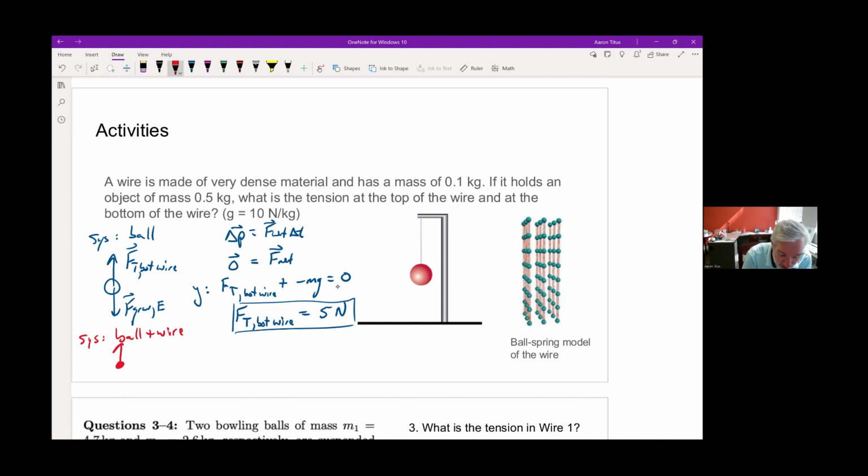But basically you have a tension at the top of the wire, and we'll talk about this in a little bit more detail in a second. But you go through the same process, and then the tension at the top of the wire is going to be equal to the mass of the ball plus the mass of the wire times g. So you end up getting 6 newtons.